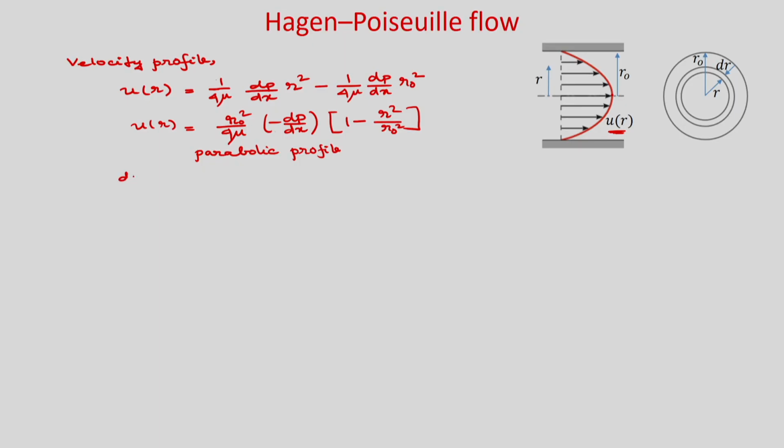So, generally dp by dx less than 0 is known as favorable pressure gradient, and if dp by dx is greater than 0, then it is an adverse pressure gradient.